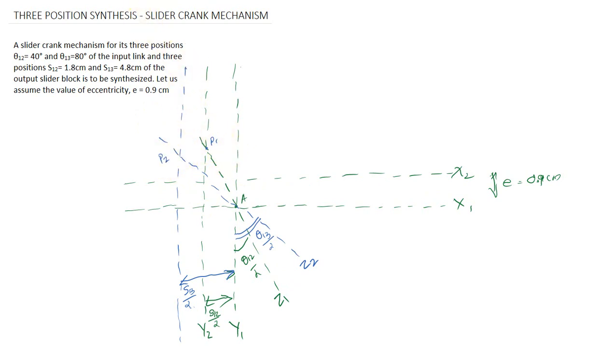Next you are going to assume the point C, which is the position of the slider. So this is your assumed position of the slider C. Next you have to join the points P1C and P2C.